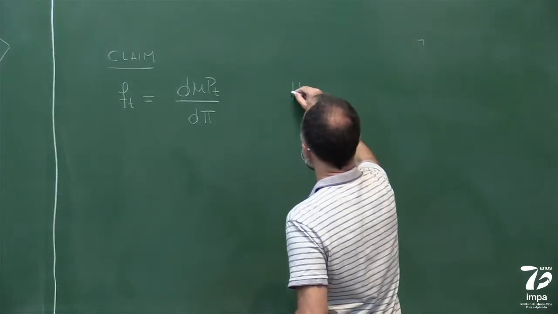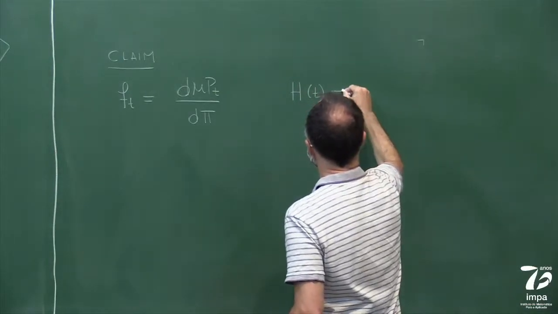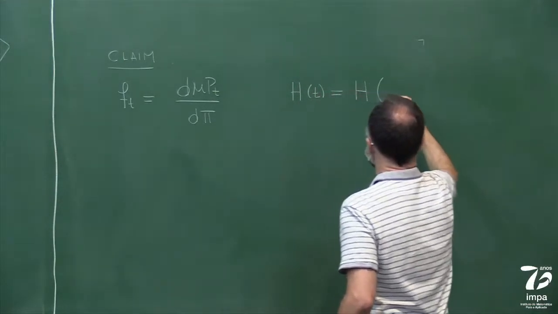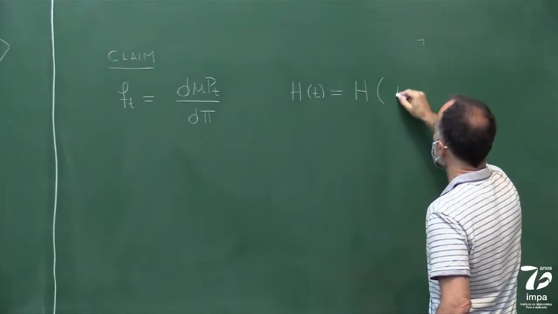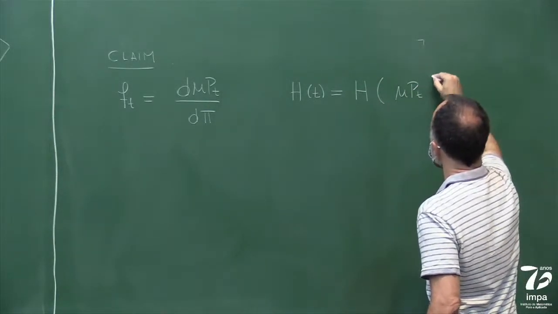So let me call h of t the relative entropy of mu p t with respect to pi.